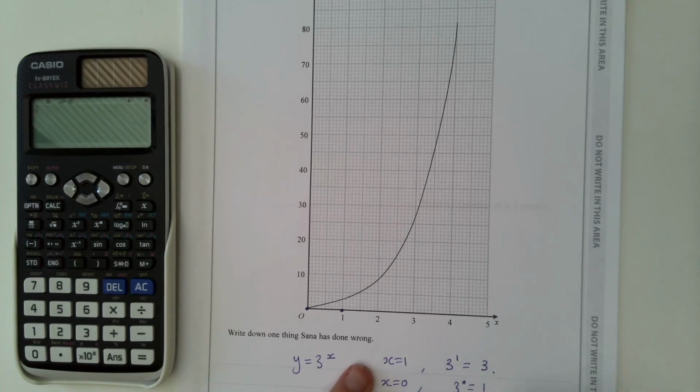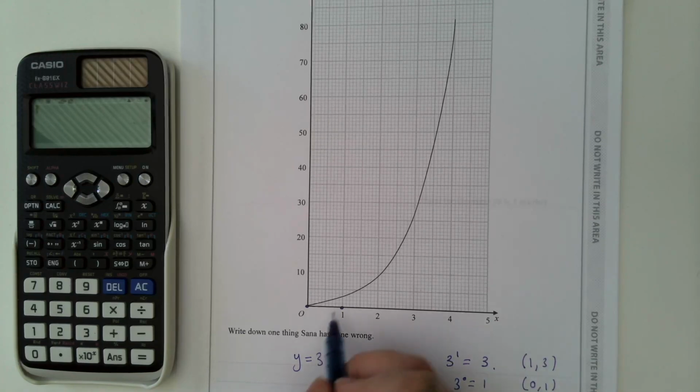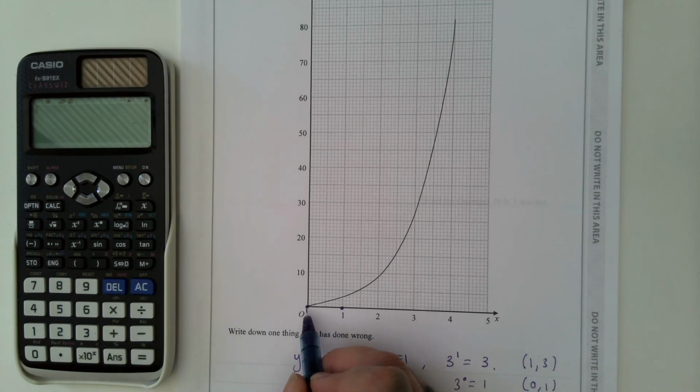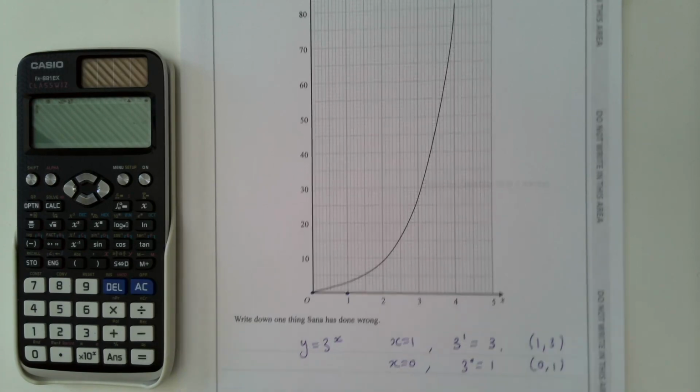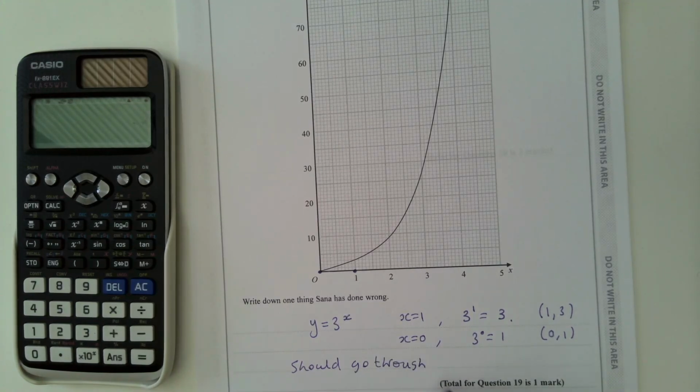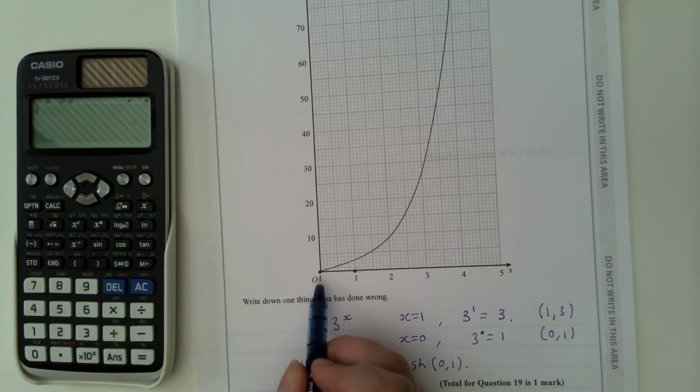So this graph should go through 1, 3, and it should go through 0, 1. So 1, 3 looks about right, but it hasn't gone through 0, 1. It's gone through 0, 0. So that's where I'm going to query this. I'm going to say it should go through 0, 1, and it clearly isn't because it's gone through 0, 0.